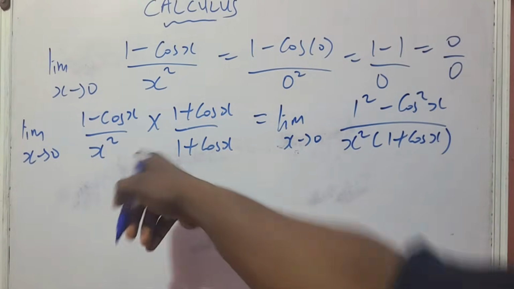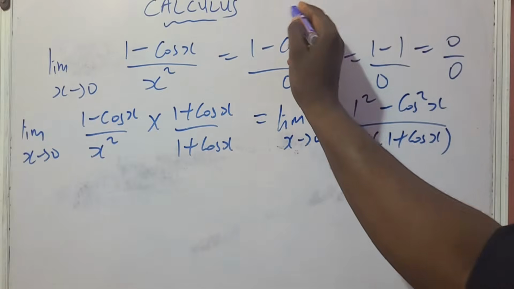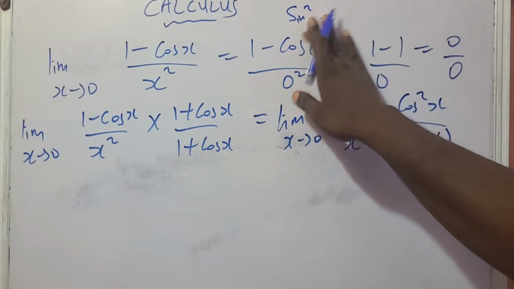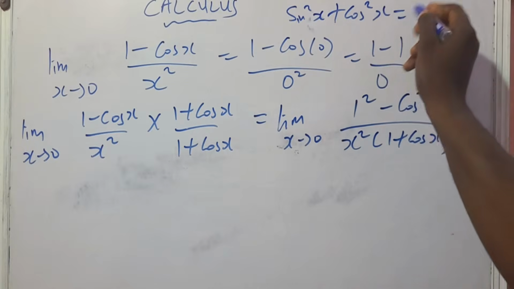What I just add, this is x squared times 1 plus cos x. All right. Now, again, I told you yesterday that it is very vital for you to understand your trigonometry if you are going to enjoy calculus. Now, guys, I'm sure you all remember that sine square x plus cos square x is equal to 1.